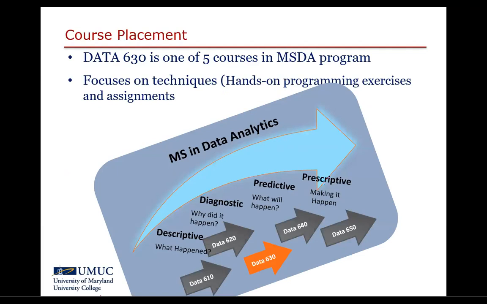Okay, so this is the relative placement of the course 630 in relation to the overall data analytics master's program. So I believe all of you have gone through both Data 610 and 620.